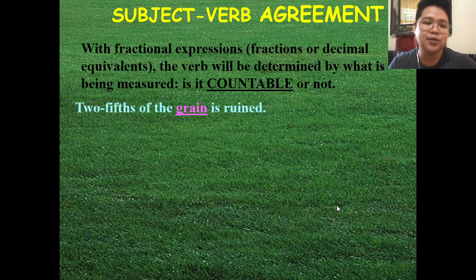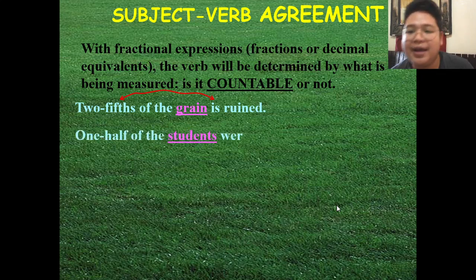When you say 2/5, this is a fractional expression, but we have to take note of the grain. Grain is a mass noun, so we use the verb is. We cannot count grain. It is considered singular.